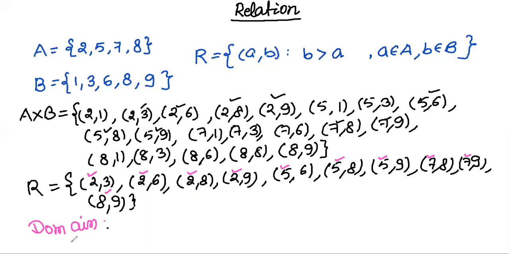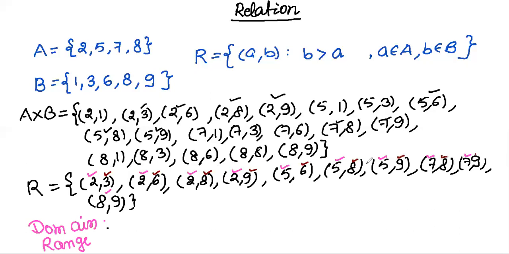Now one more word, that is called range. Range means all second elements from the ordered pairs in R. So the second element here is 3, that is range. Here also 6 is range, 8 is range, 9 is range. Again 6 is range, then 8, then 9 range.